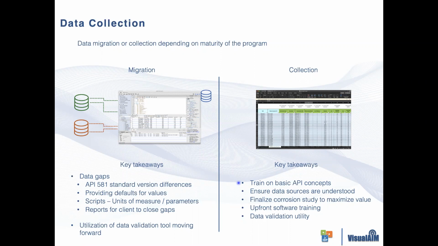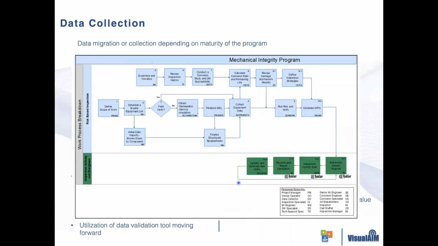And when I say this mechanical integrity process, I'm just going to pop up here for a second the work process that we typically use when implementing our mechanical integrity system. And this particular work process is indifferent of the technology that you're using. Regardless if you're using the VisualAIM solution or some other mechanical integrity solution, you will typically follow these steps all the way from defining the scope of work to the data collection of the equipment.